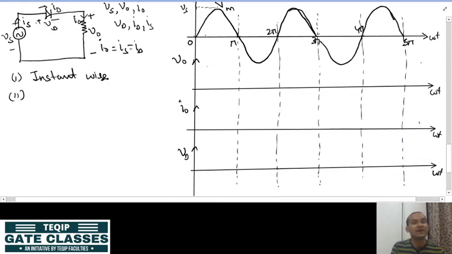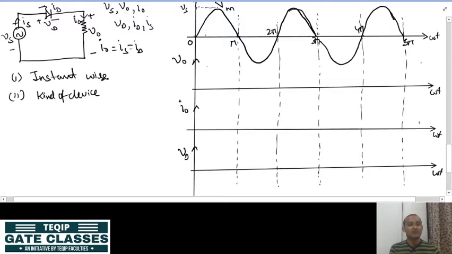We have to see what kind of device we are using. Here we are using a diode, which is an uncontrolled device. So, obviously, we have to know the properties of the diode.